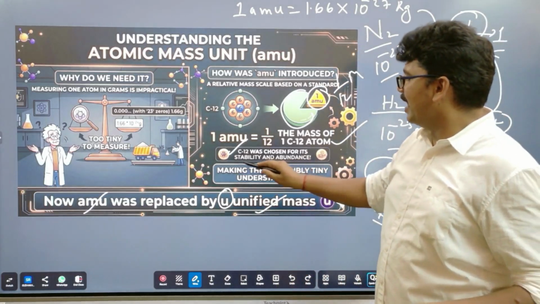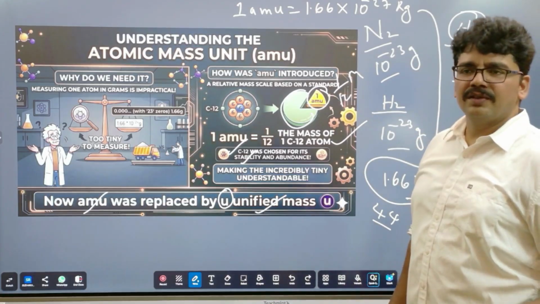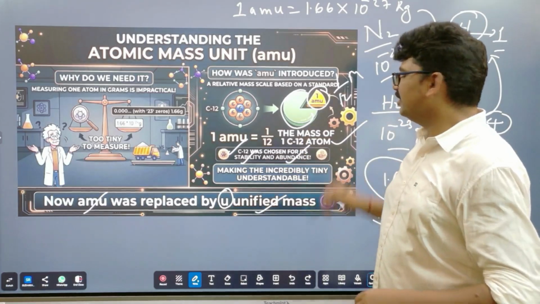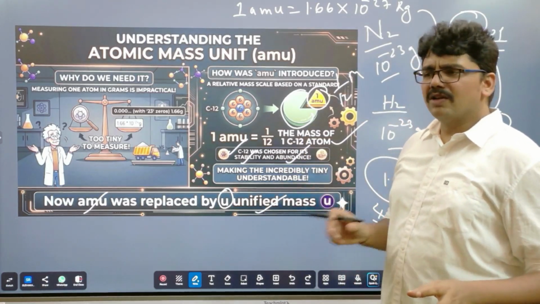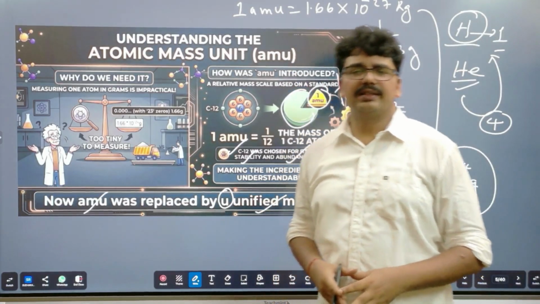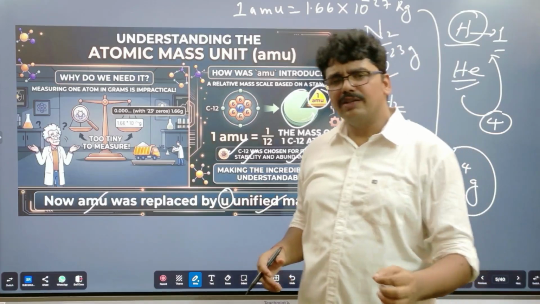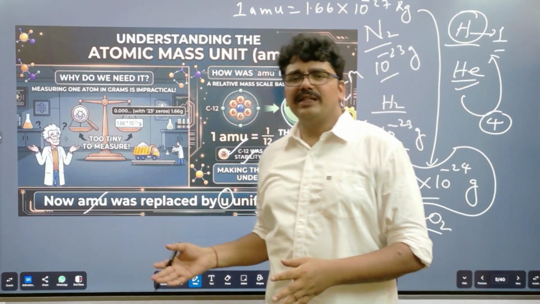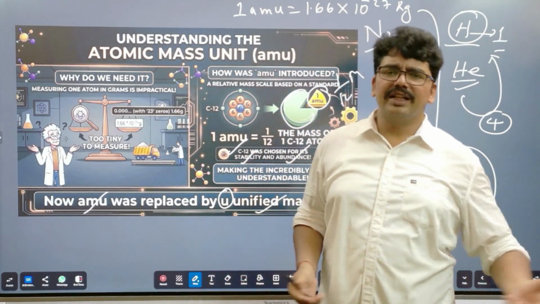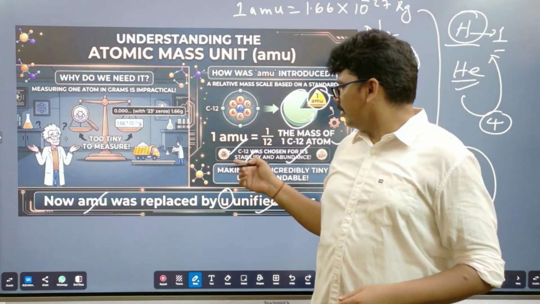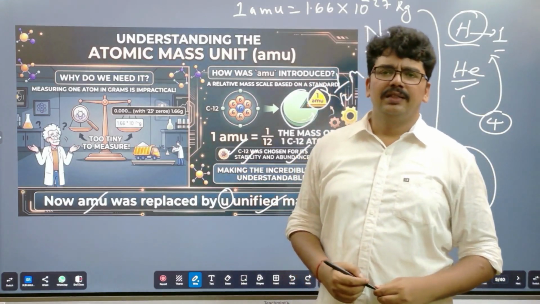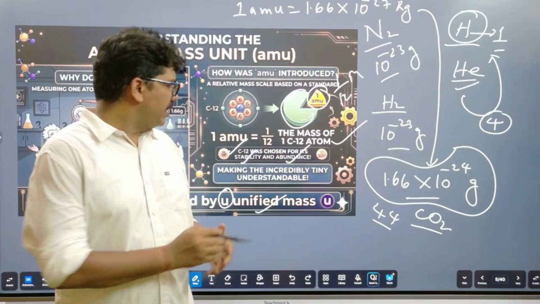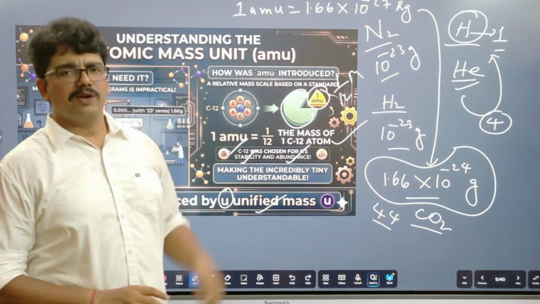Because carbon has greater stability among all elements, and its abundance is more. Carbon 12, carbon 13, carbon 14, 3 isotopes are there. Among these 3 isotopes, carbon 12 percentage is very high. And compared to other elements in the periodic table, carbon 12 abundance is more. Carbon is taken as standard because it is more stable and it is more abundant.